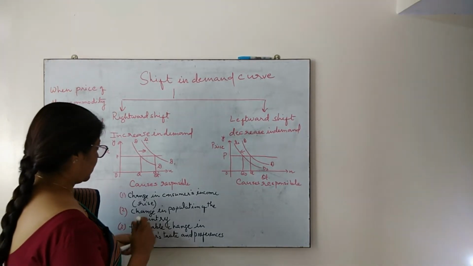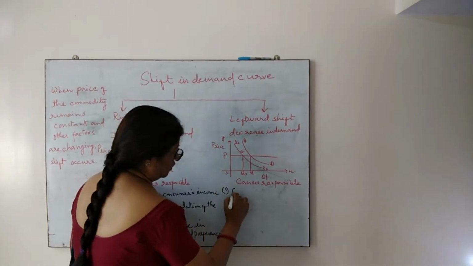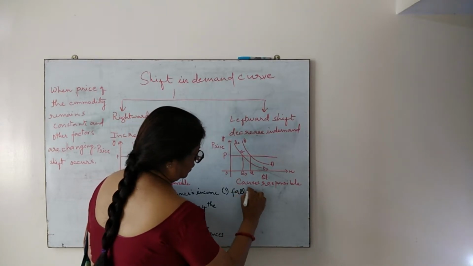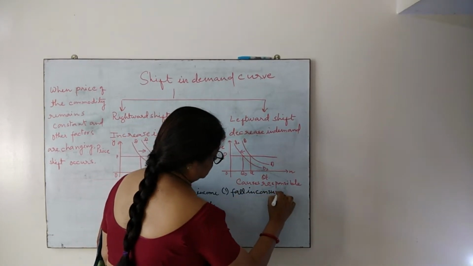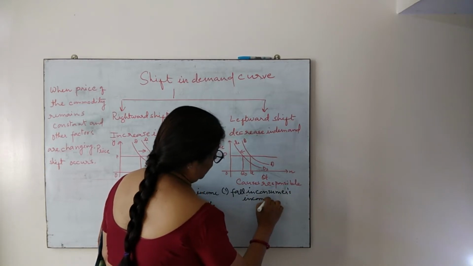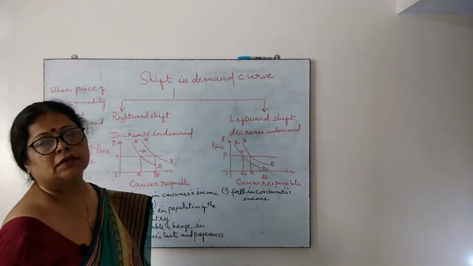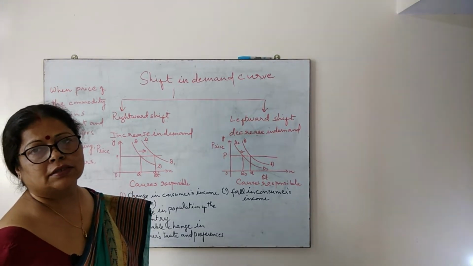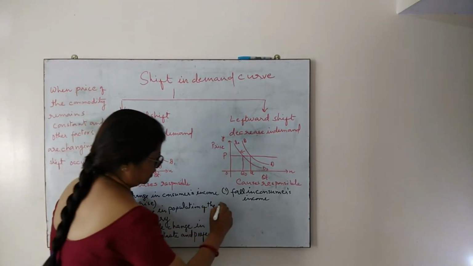Now, decrease in demand. So first you can write fall in consumers' income. When income of the consumer falls, he will demand less at given price.